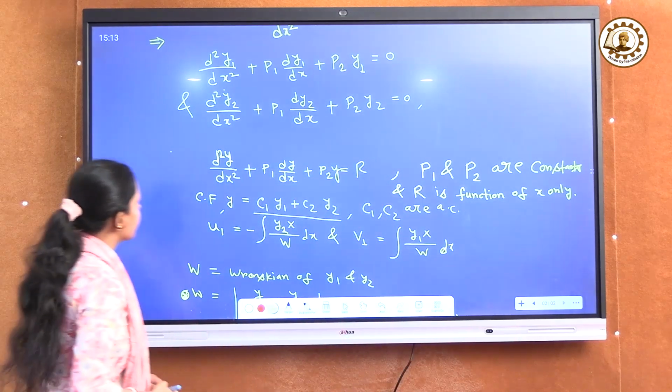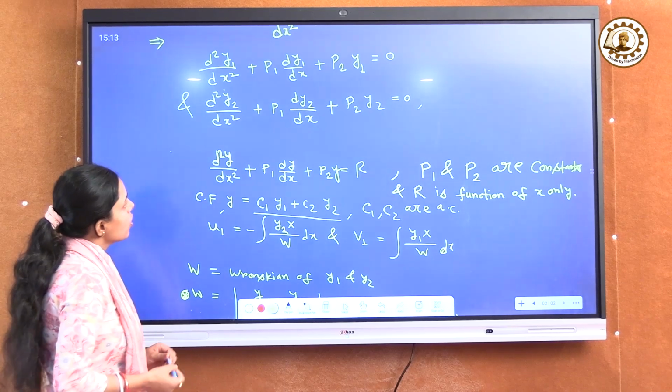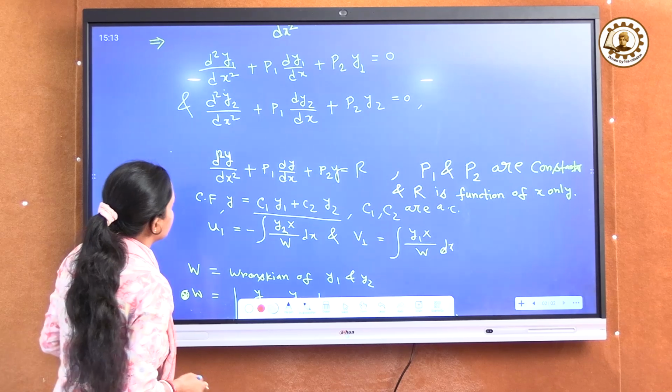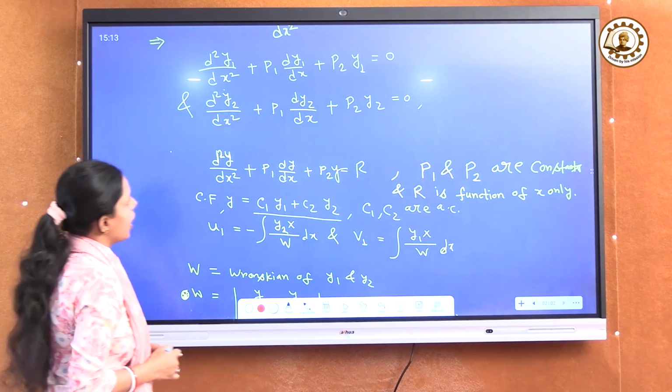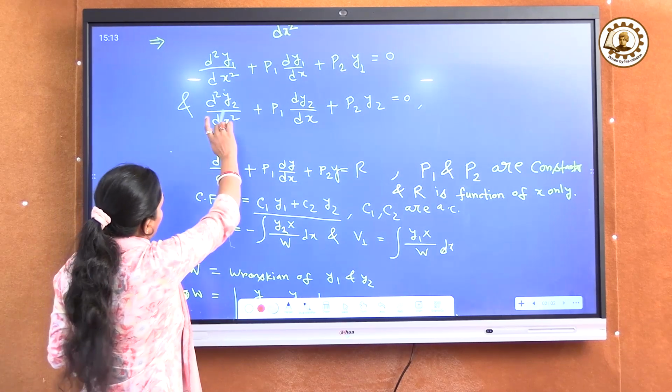Now we solve the homogeneous differential equation, and we get two linearly independent solutions, y1 and y2, which satisfy the homogeneous equations of second order.